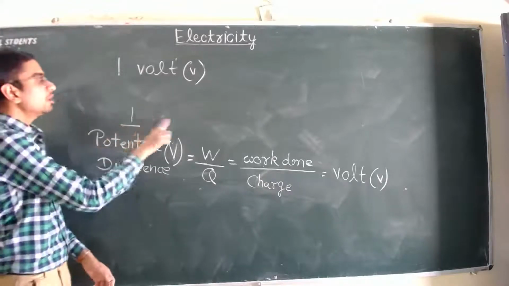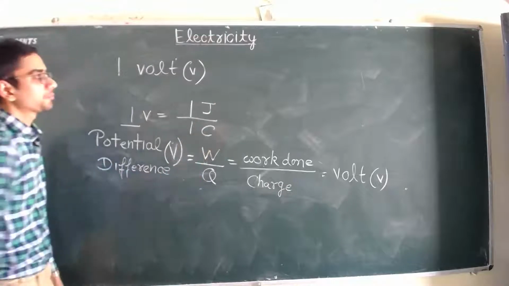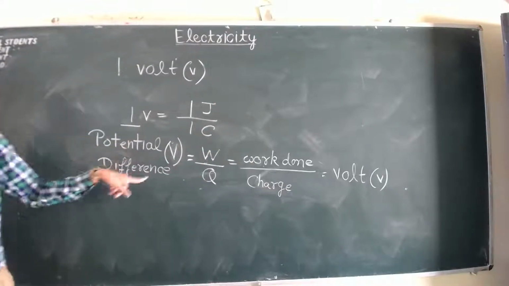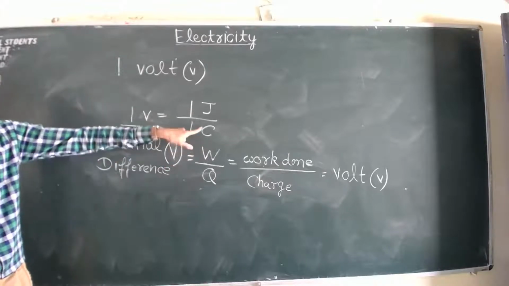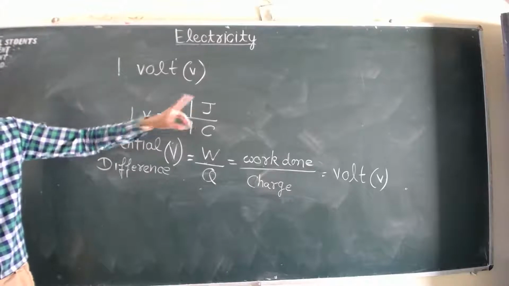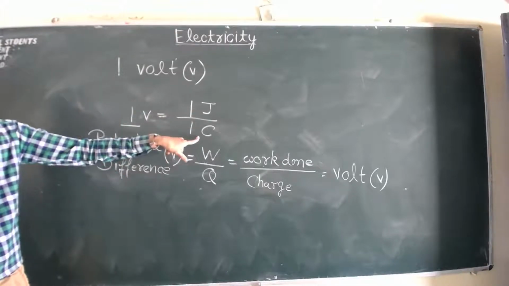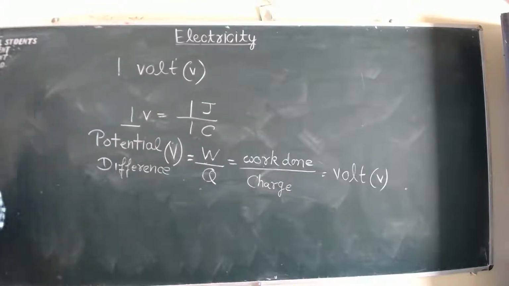Alright? 1 volt is equal to 1 joule upon 1 coulomb. You simply put the units in this formula: potential difference volt, work done joule, charge coulomb. That's how you define 1 volt.